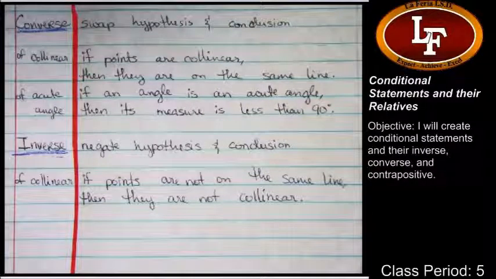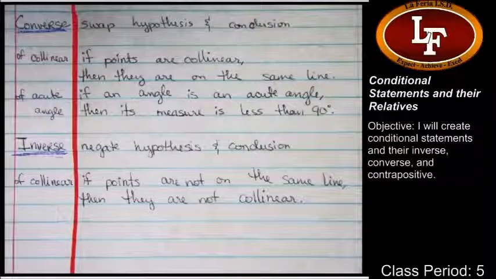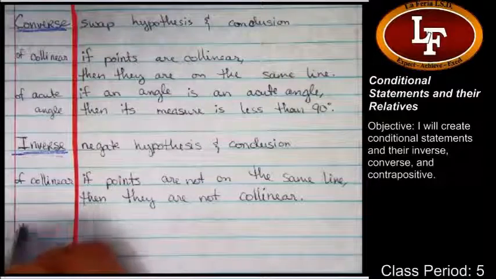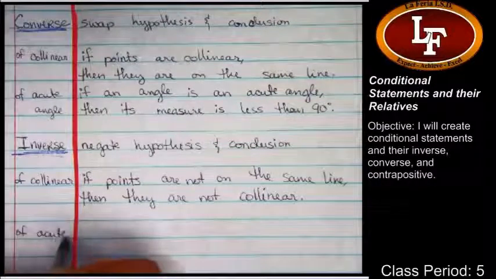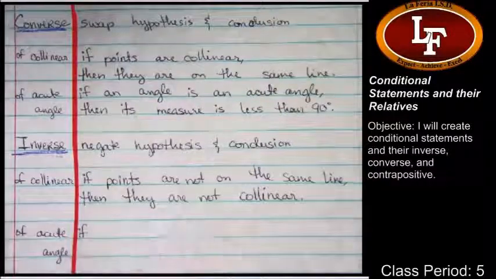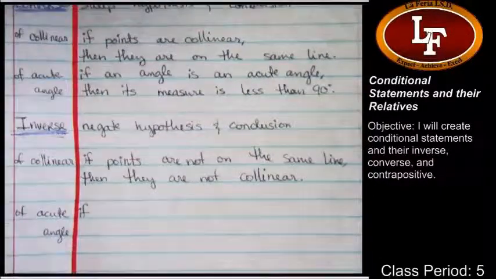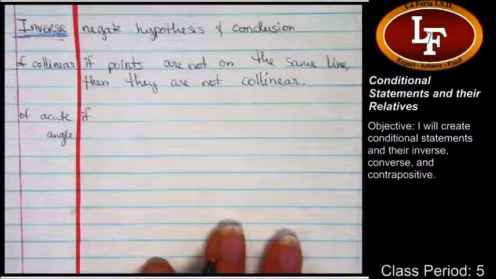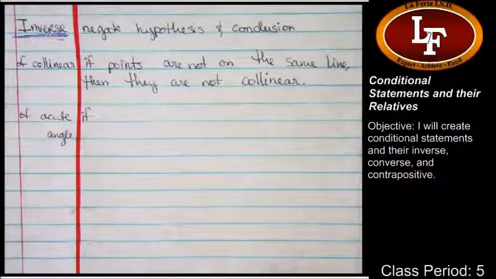I totally get that they mean the same thing, but we're driving home the point of inverse, which is using the word not in there. Okay? Write for me the inverse then of acute angle. What was the original hypothesis? The measure of an angle is less than 90. The measure of an angle is less than 90, so negate that.